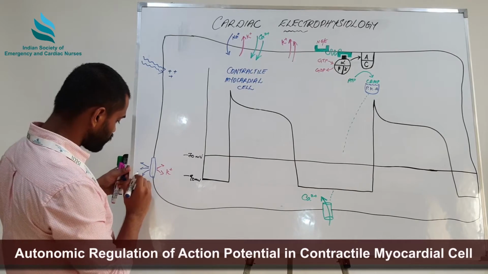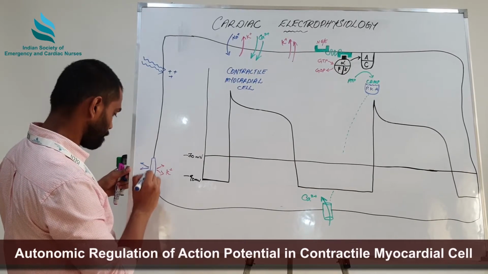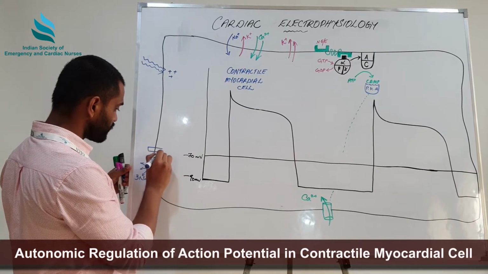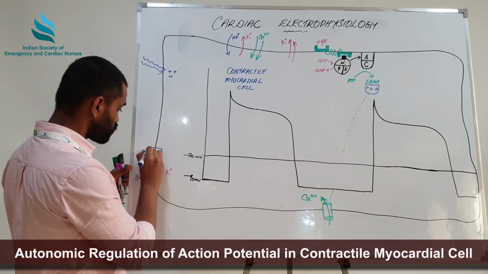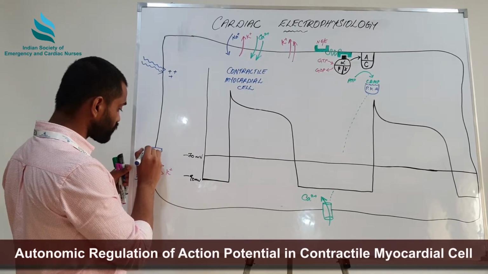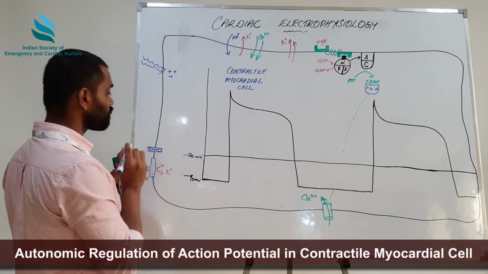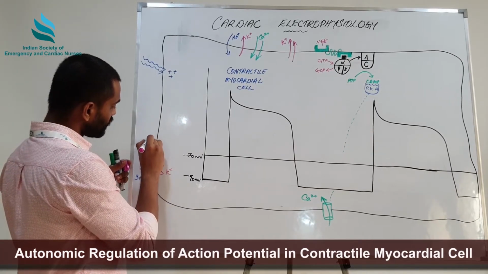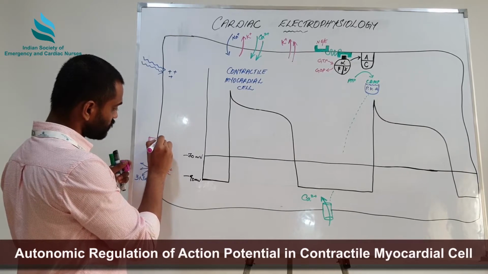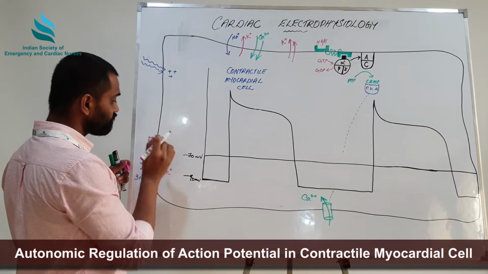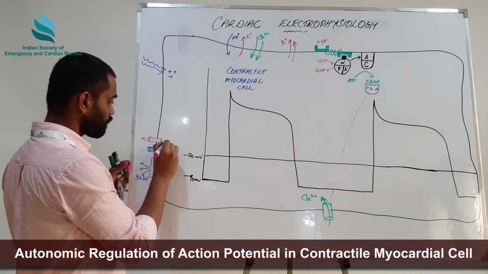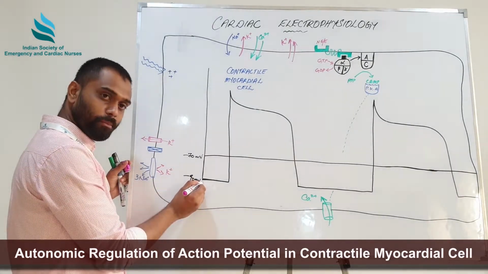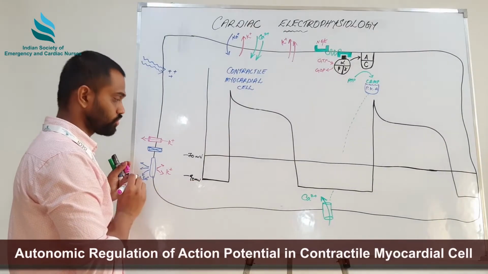So this channel is functional, and we have sodium channels here, but these sodium channels in the resting phase are not functional in the contractile myocardial cells, but we have leaky potassium channels which results in the efflux of potassium, which sets the resting membrane potential to minus 90 millivolts.